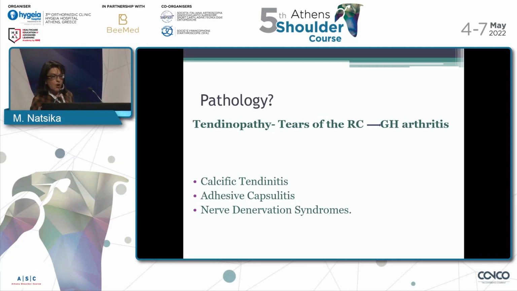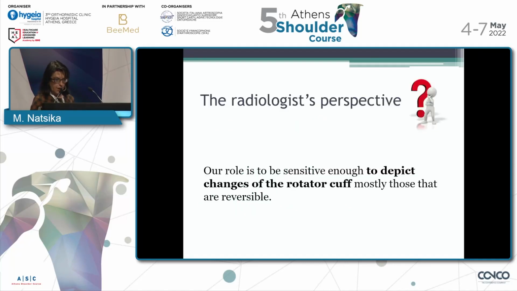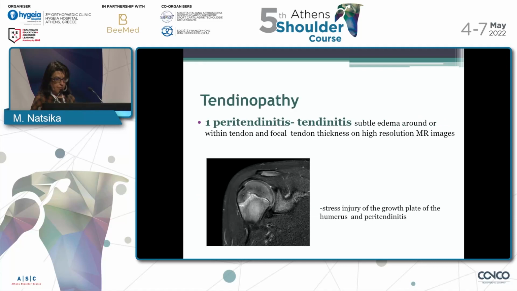We will cover all these in more details, and also, if we have the time, we will speak about some conditions that sometimes may be clinically confused, but we can answer them with the imaging and using all the techniques of the imaging. So, we start with tendinopathy.